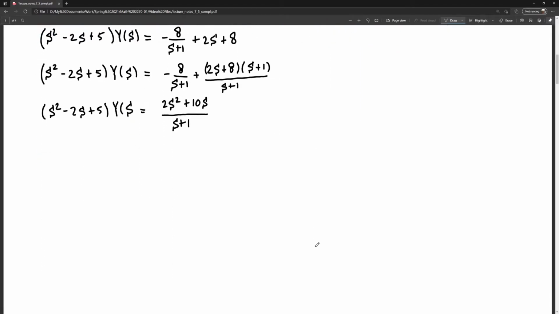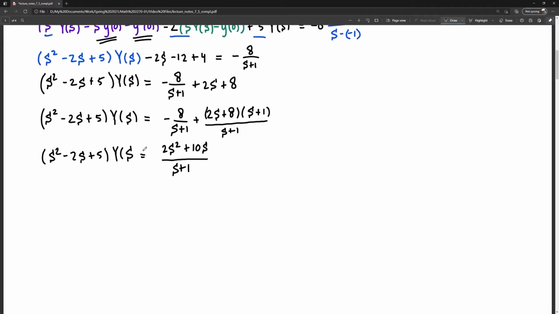And then finally, if I want to solve this for Y(s), I have to divide both sides by that factor in front of the Y(s).